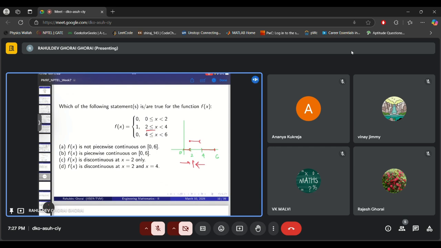There is a jump, so it is some type of discontinuity, one-sided continuity, right? From the right side if you approach it is continuous, but from the left side it is not. So that's why it is not continuous.